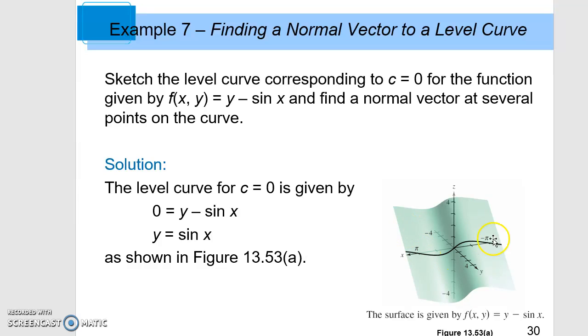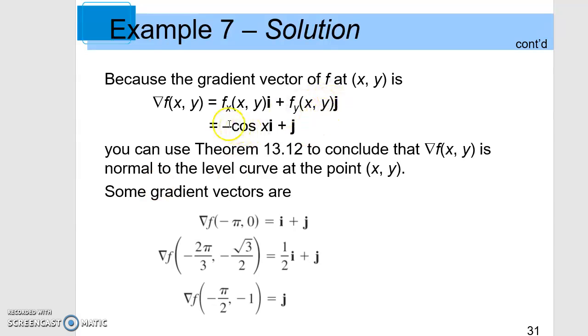So the level curves are all sine curves, being moved up and moved down. If you have to find the normal vector to the level curve, then you find the gradient of this function. The level curve for 0 is just y equals sine x. The gradient of this function is given by (-cos x, 1).